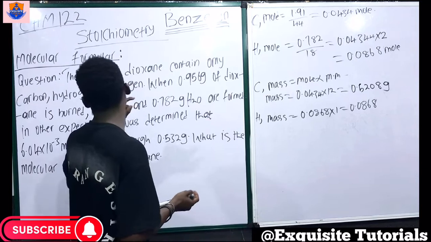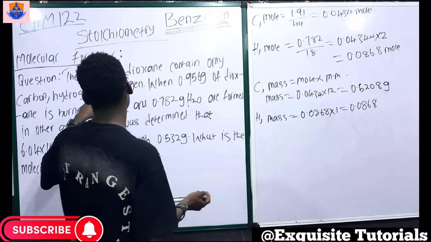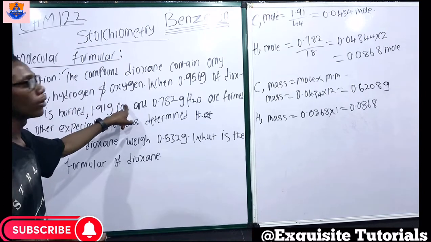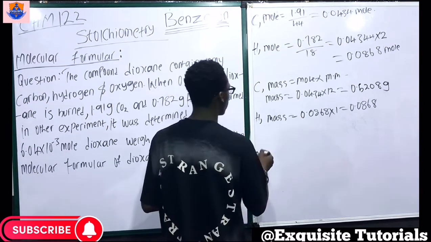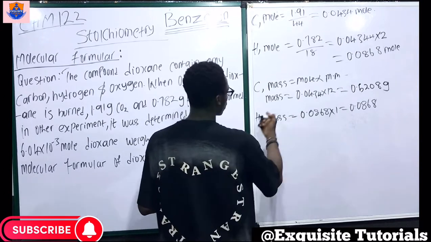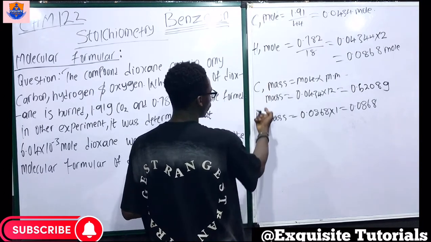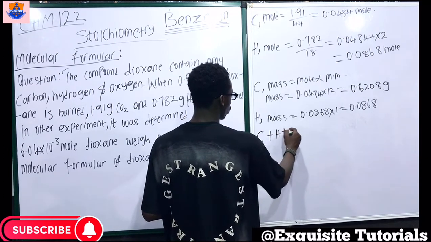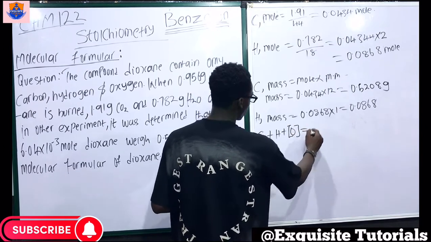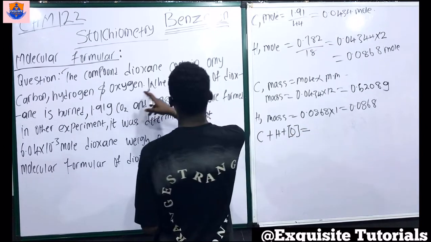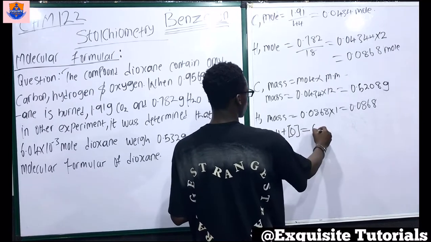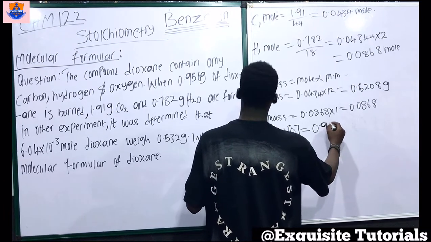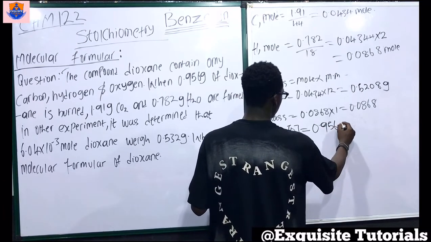Now to find the mass of oxygen, because they actually said diazine contains carbon, hydrogen and oxygen. Since we already know the masses of the two of them, carbon plus hydrogen plus oxygen will be equal to the mass given to us for diazine, which was 0.956 gram.